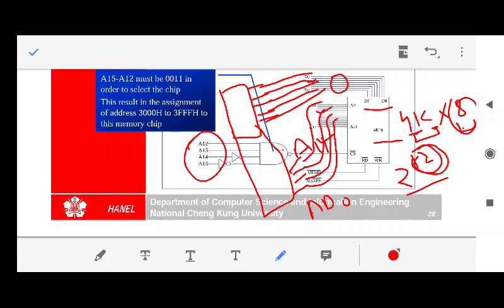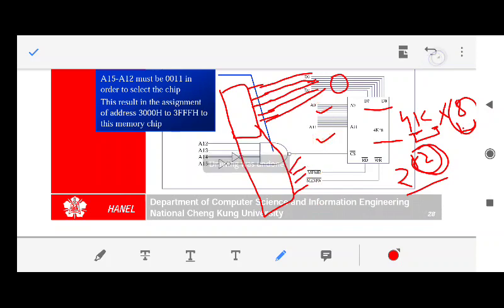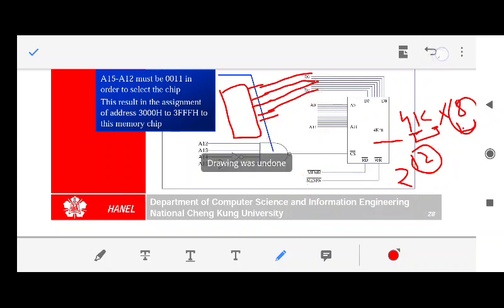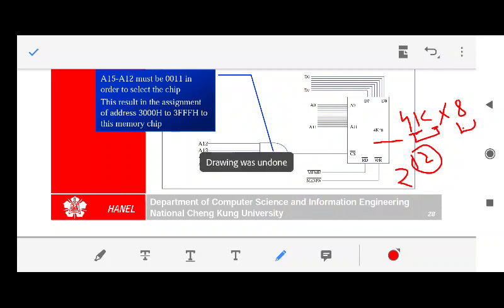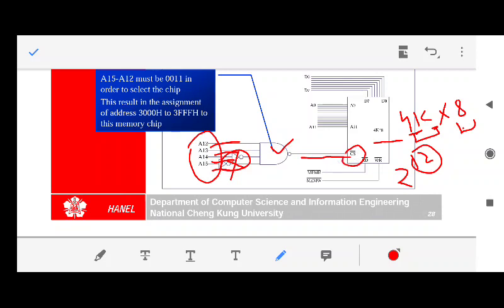These remaining pins, we will directly connect to a NAND gate, and the output of the NAND gate is connected to the chip select signal.